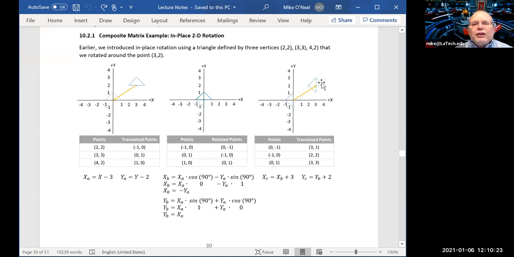And so the little thing in gray is where the original triangle was, and the one in dashed green is what it turns out to be. We did an in-place rotation. And there was much screaming and gnashing of teeth, because you could say, well, it wasn't in place because you did 3 steps. And I said, well, but you don't have to show what's going on in these steps.